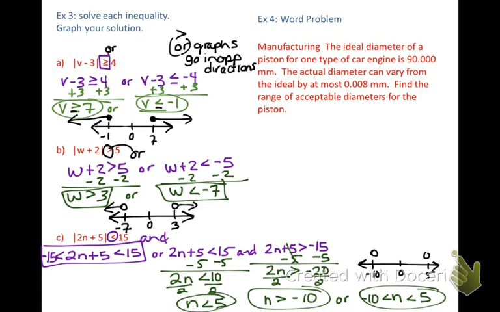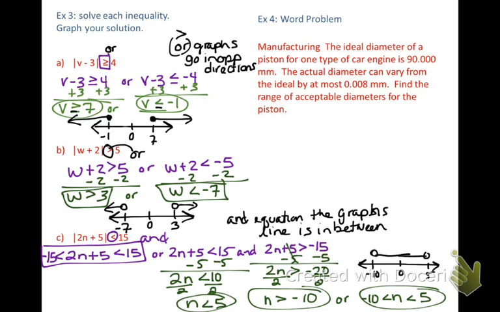And since it's an and equation, the graph's line is in between. So that's telling me n is greater than -10, but less than 5, so you have an in-between line.